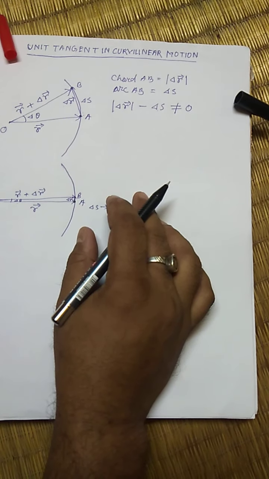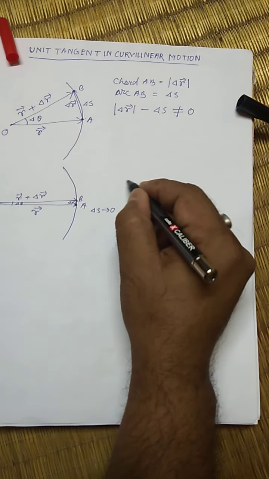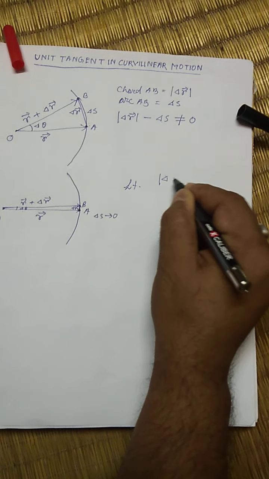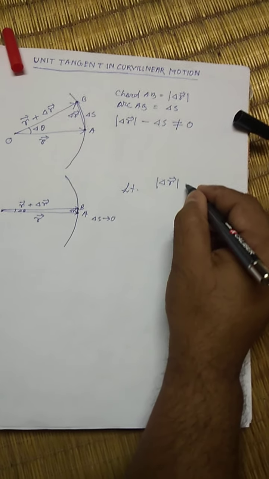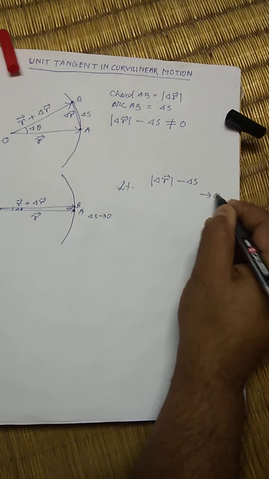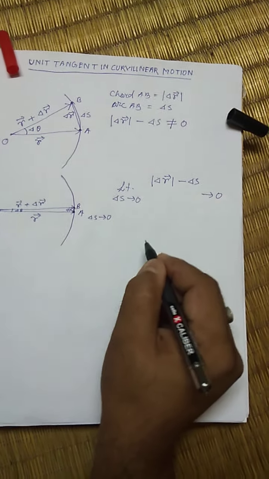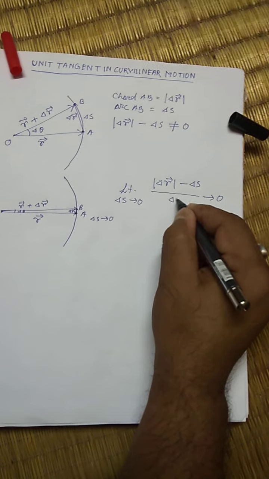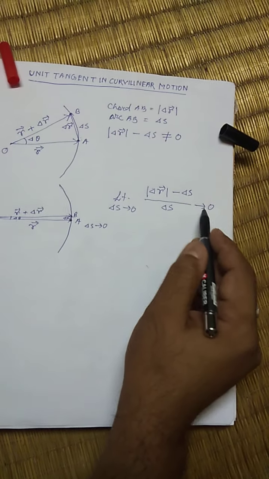Now we see here that the limit of the magnitude of delta vector r minus delta s would tend to 0 as delta s tends to 0. If we divide this expression by delta s, the final expression would also tend to 0.